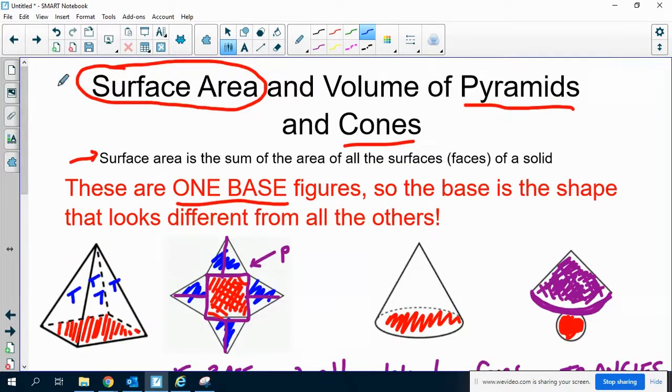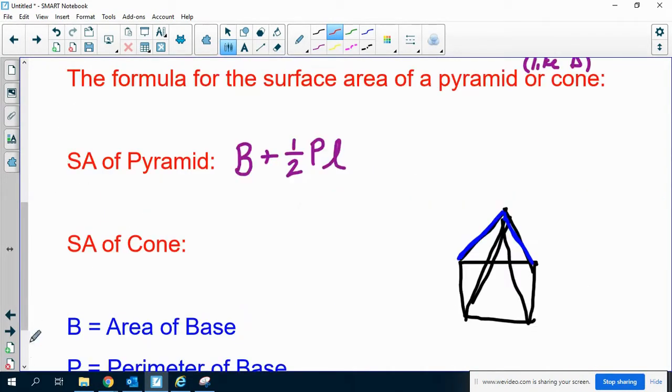If I'm looking at the net, this would be the edge. We never really use that in calculations. Then I have what we will call the regular height. That goes from the peak down to the center of the base. That is not used in surface area calculations. It's used in volume calculations, but it's not in surface area.